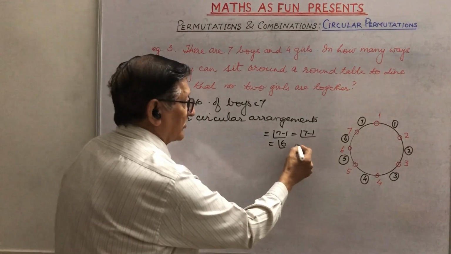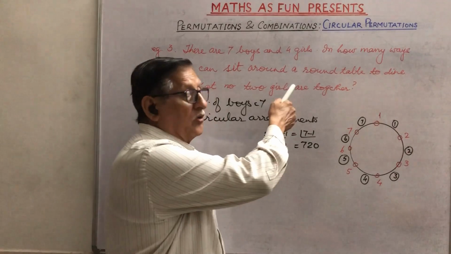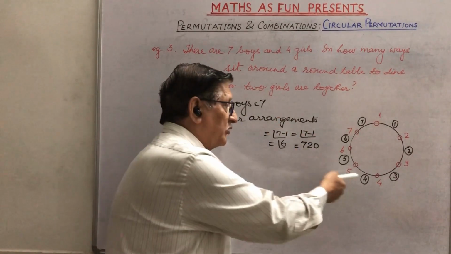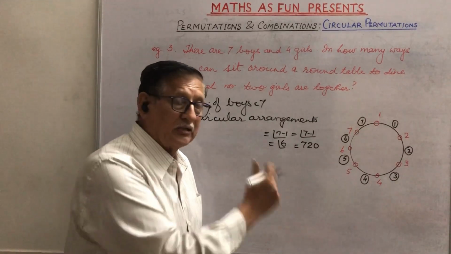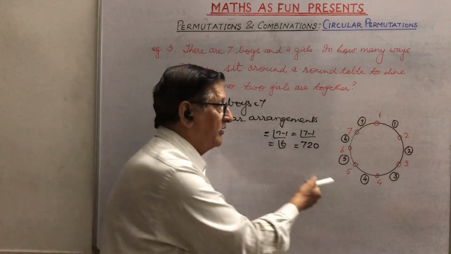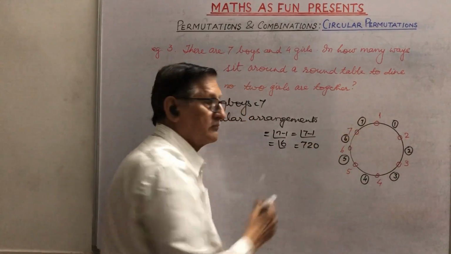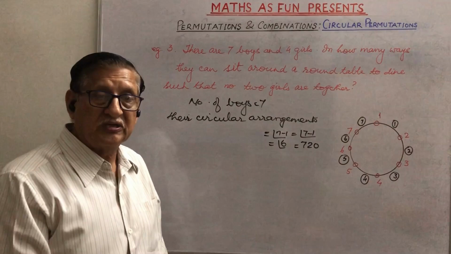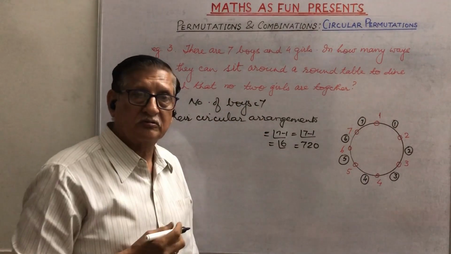And we know the value of factorial 6 is 720. Now we have to arrange the 4 girls between the boys so that no 2 girls are together. How many places between the boys do we have here? That is 1, 2, 3, 4, 5, 6, 7. Out of these 7 places, any 4 can be occupied by these 4 girls.